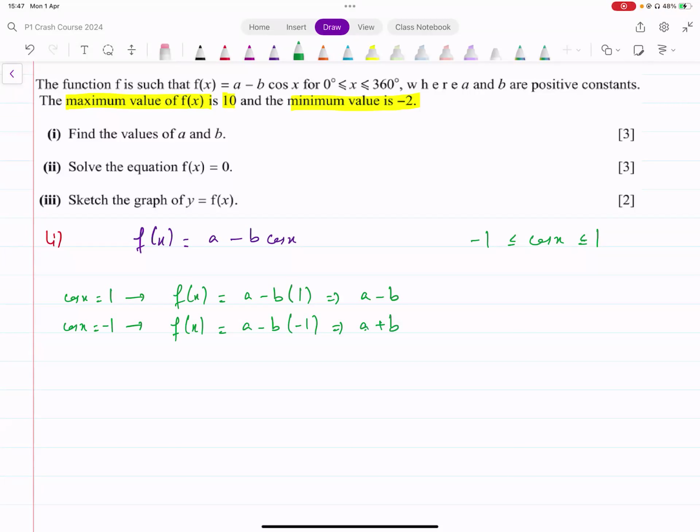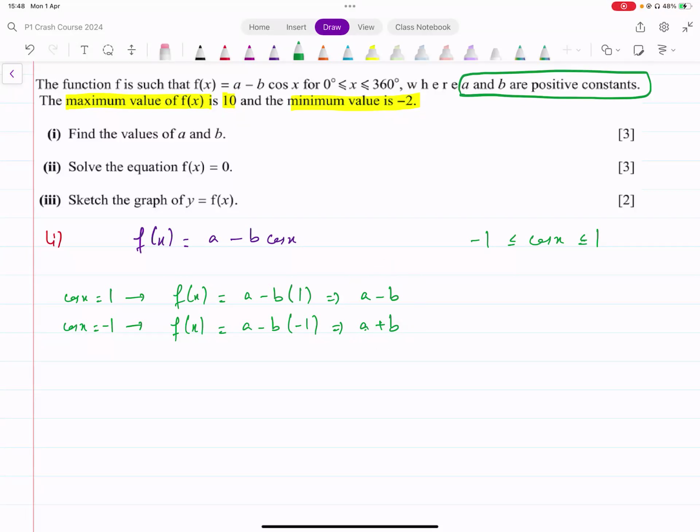Now, one of them is going to be the maximum value, the other one is going to be the minimum value. And we are given that the maximum value is 10 and the minimum value is -2. Now, which one of these is going to be maximum and which one is going to be minimum? The question says a and b are positive constants. So both a and b are positive.